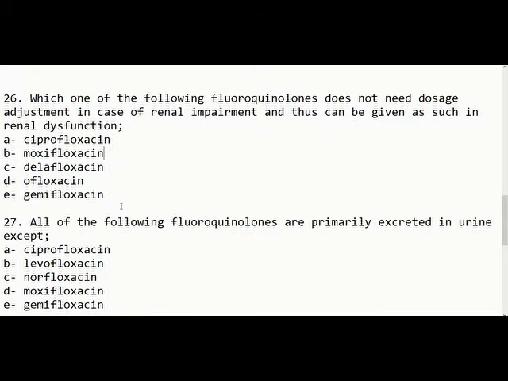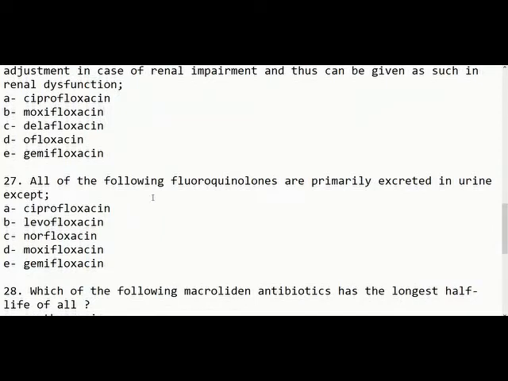From the sixth MCQ, the seventh one can be solved if we know the answer to the sixth MCQ. So the fluoroquinolones that are primarily excreted in urine are all of the below except moxifloxacin. Moxifloxacin is not excreted primarily in urine, so the correct option is moxifloxacin.